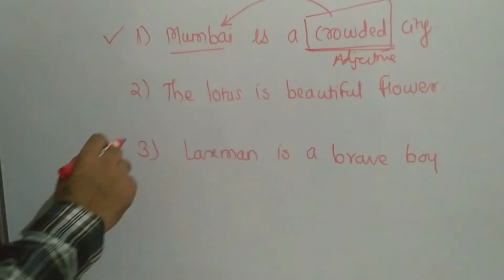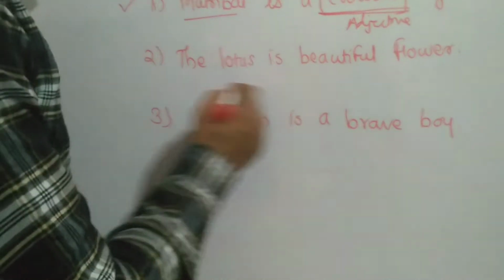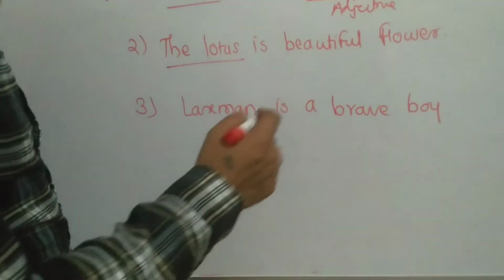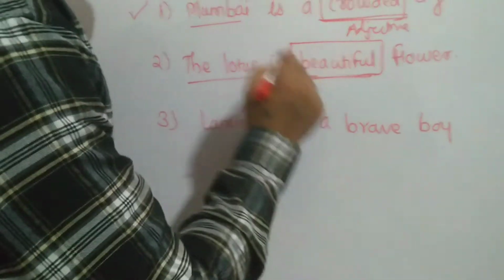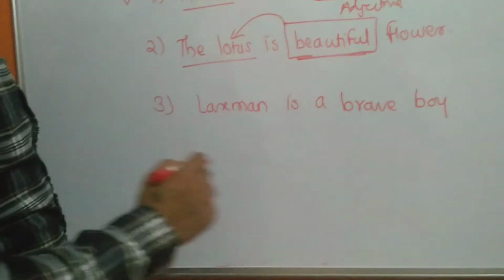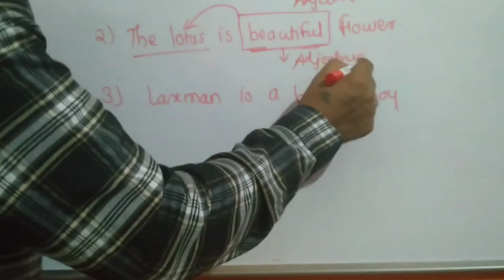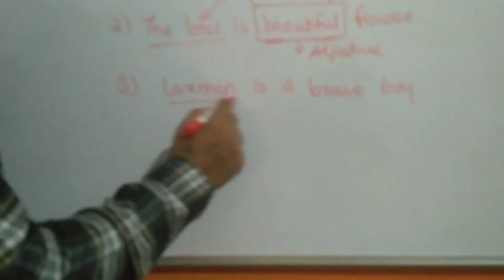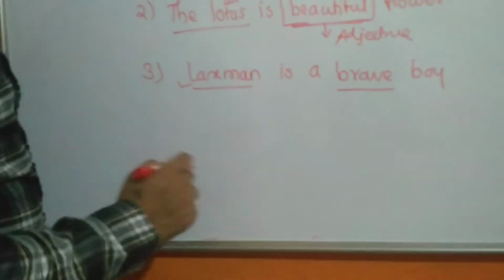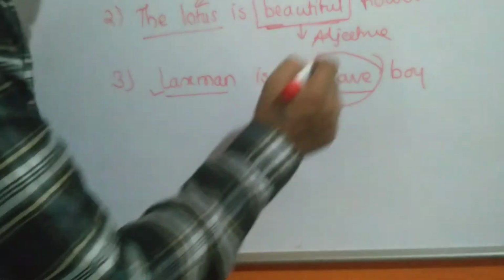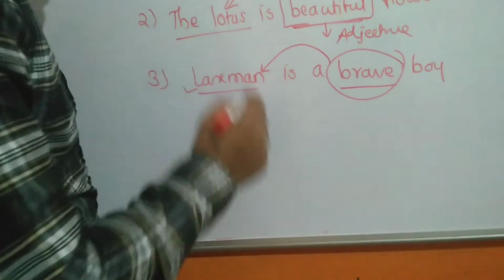The second example: the lotus is a beautiful flower. Here lotus is the name of a flower. So beautiful, a word which gives more information about lotus, is the adjective. The third one: Lakshman is a brave boy. Here Lakshman is the name of a person. The word brave tells more information about Lakshman.